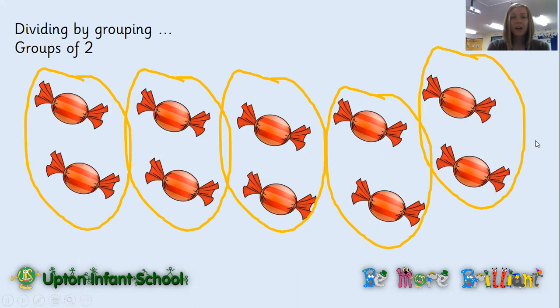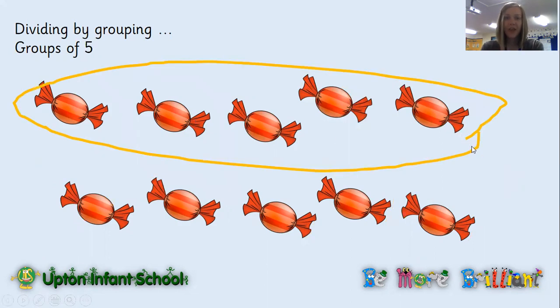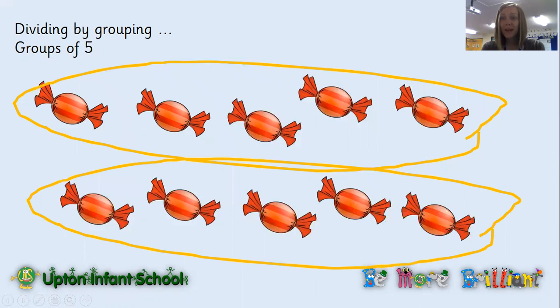Let's have a little look at those objects again, those sweets, but this time I want to group them in a group of 5. So 1, 2, 3, 4, 5. That makes a group. I think I could do it again. 1, 2, 3, 4, 5. That also makes a group.